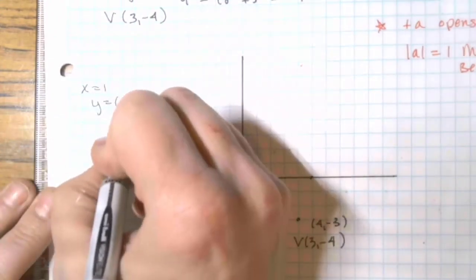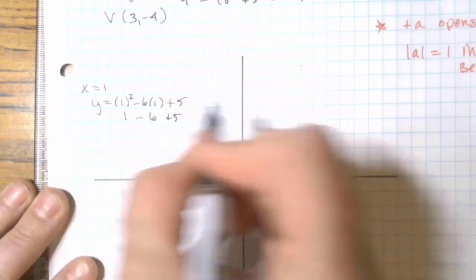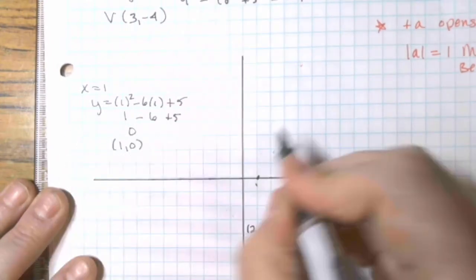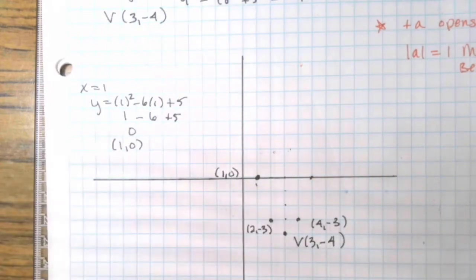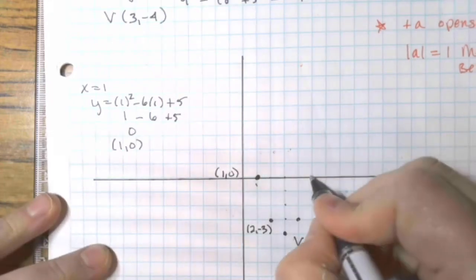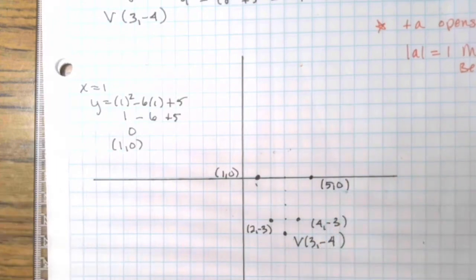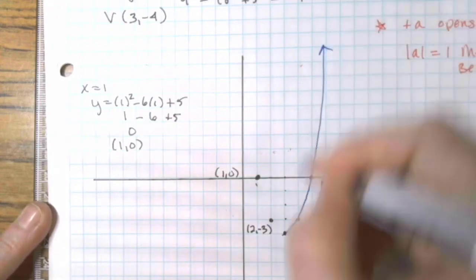Exponent first. Now multiply: 1 minus 6 plus 5. Well, -5 plus 5 is 0. So I just found an intercept at (1, 0). Now we know it's symmetrical, so if (1, 0) is an intercept, then (5, 0) has to be the other one. All right, let me draw the graph in.